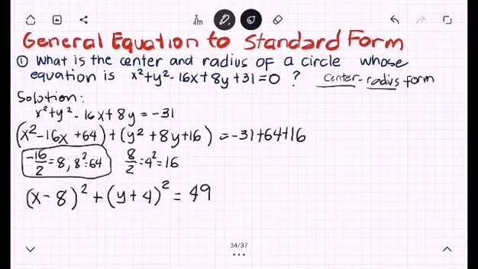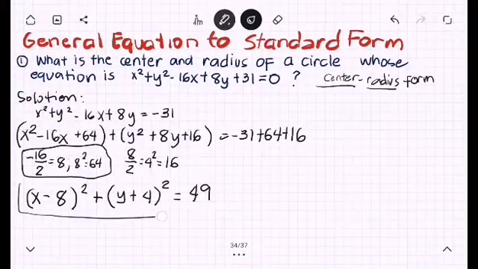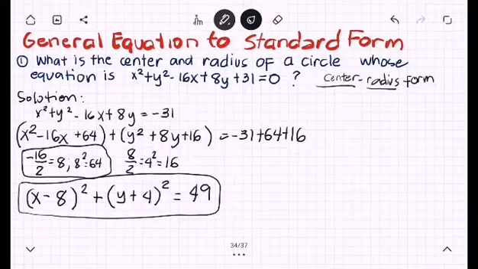Okay. So, meron na tayong standard form. Pero hindi ito yung question. Kasi ang question, ano yung center, ano yung radius. So, dahil may standard form na, mas madali na nating makuha yung center at radius. So, ang center natin dito, value ng h is opposite ng negative 8, positive 8.